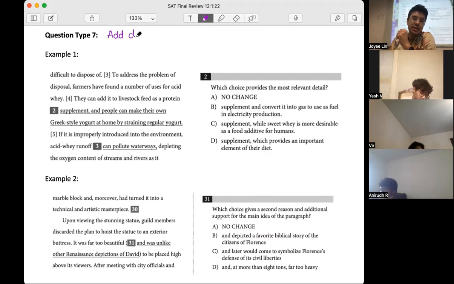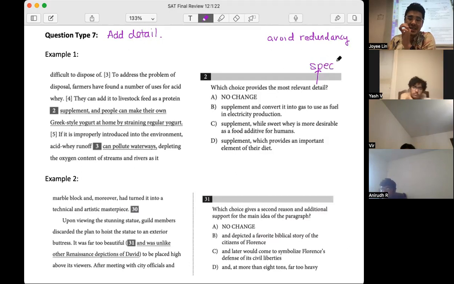Okay, when it says add detail, what do you need to be careful of then? Yeah, yeah. But then what else makes a good detail? Yeah, so avoid redundancy or unrelated. What makes for a good detail then? Yeah, it needs to be specific. Specific. Concrete. Let's go with concrete, right?